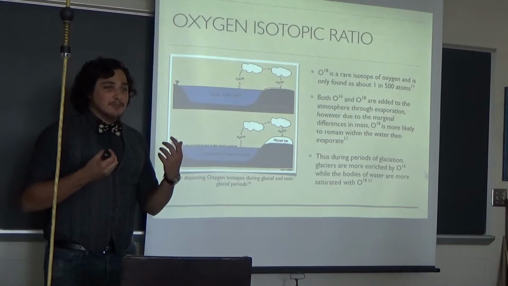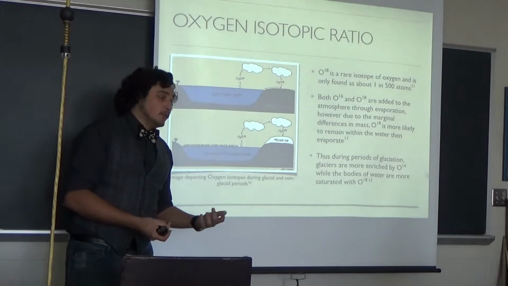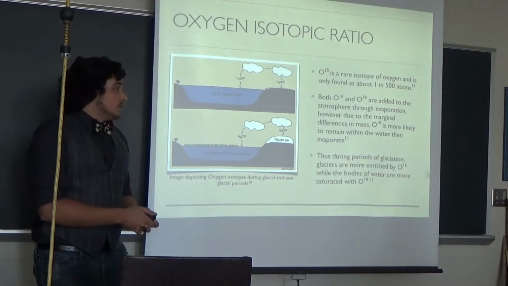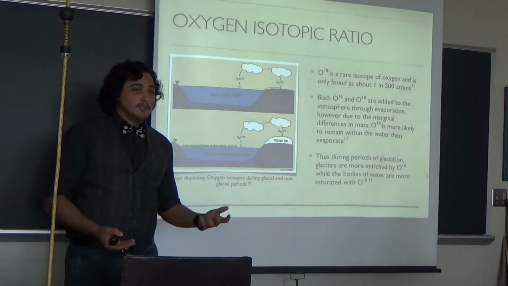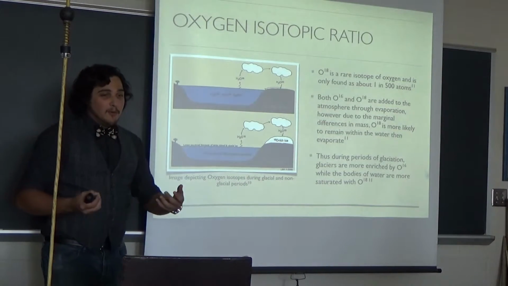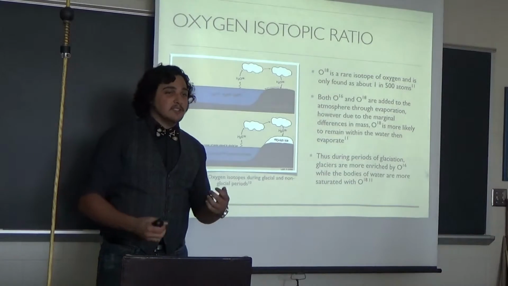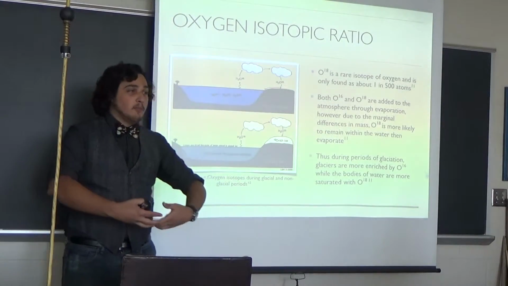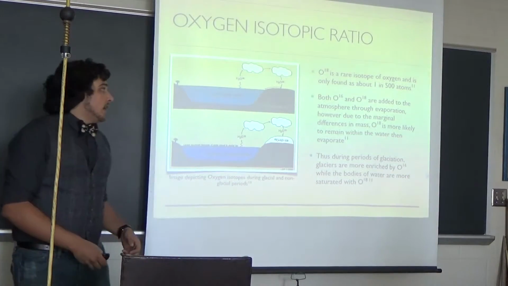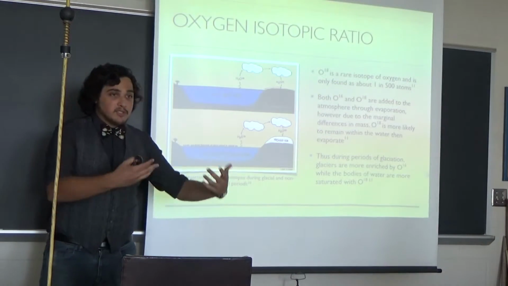O18 has more neutrons than O16 and thus has a higher molecular weight. What this means in the world of paleoclimate is, when water evaporates, O16 is preferentially evaporated more often than O18 because of that minute difference in mass. And so it is carried over and it precipitates out.